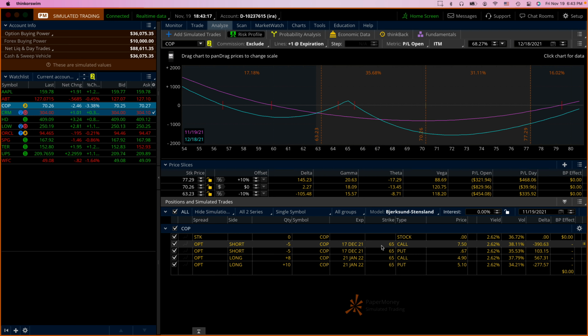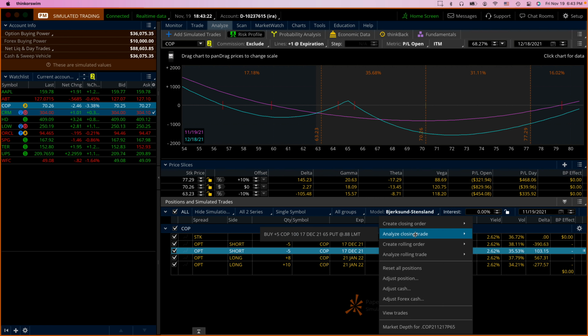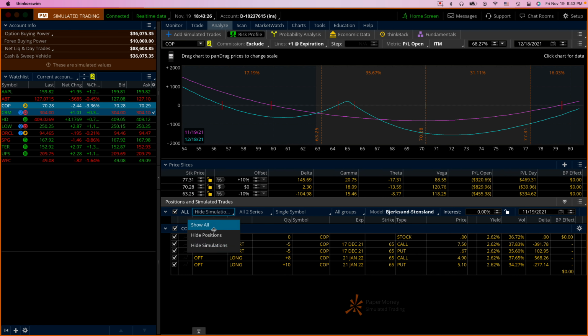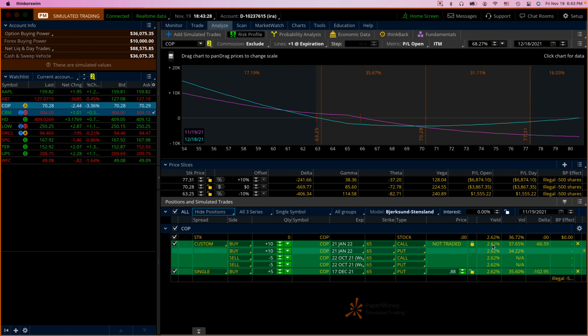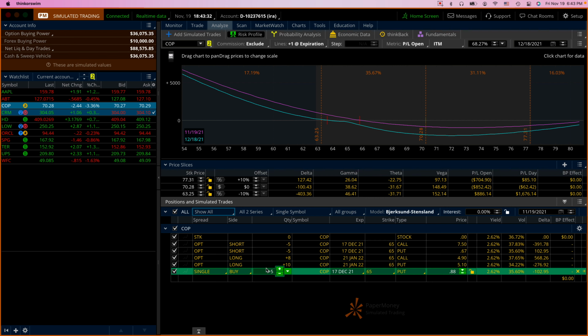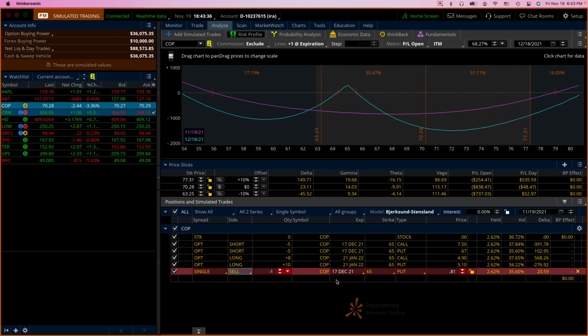So let's say I want to sell a put here at 65, analyze closing, and just sell one put to neutralize my deltas. Say show all and change this to 1 to sell, and the strike price December 65 puts, that gives me 81 cents, and that raises my deltas.